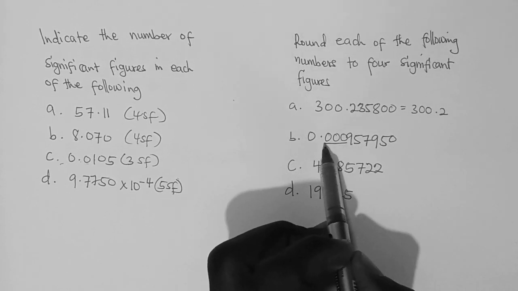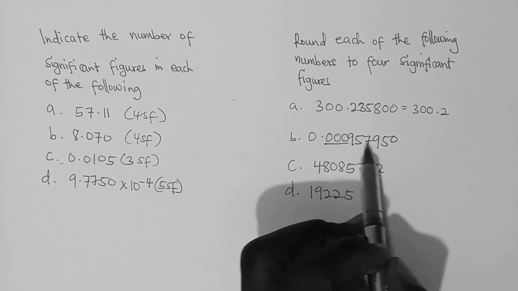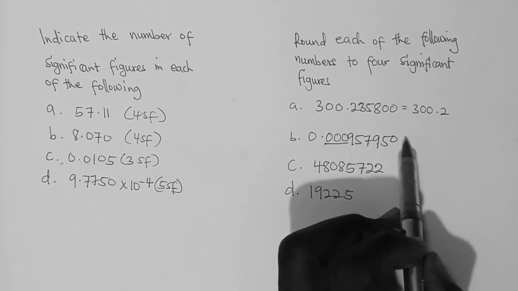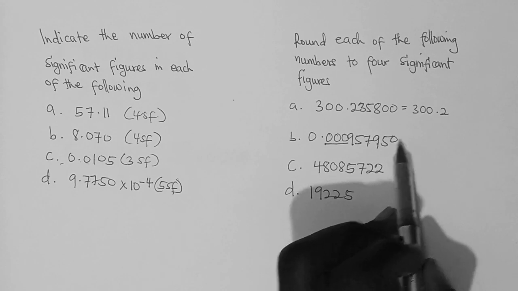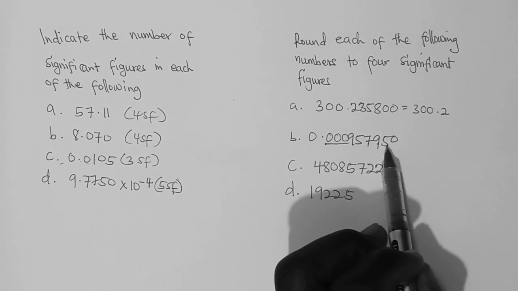Then here is 4 significant figures. Leading zeros are insignificant. So the first significant figure is 1, 2, 3, 4. But now we have a 5 and then a 0. But remember that if after the 5 there is either a 0 or no numbers at all, then we ignore rounding of the 5 up.